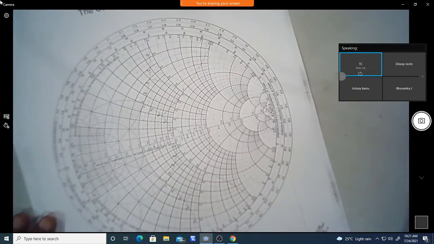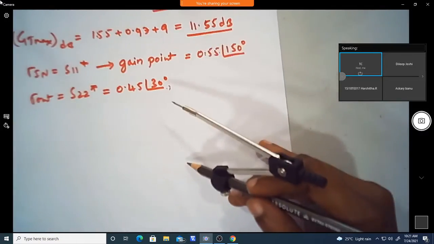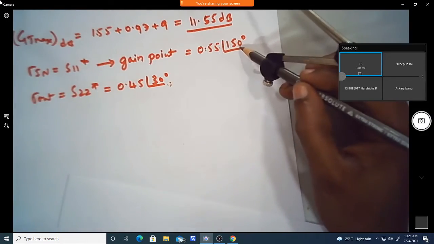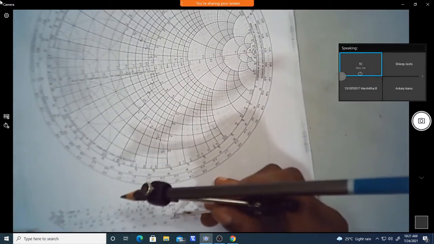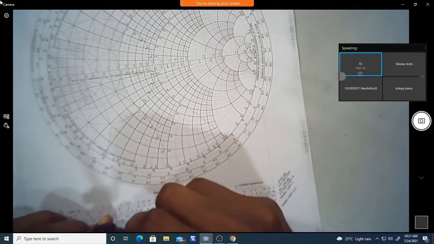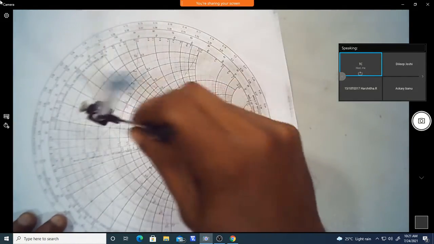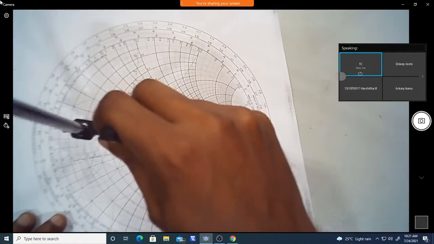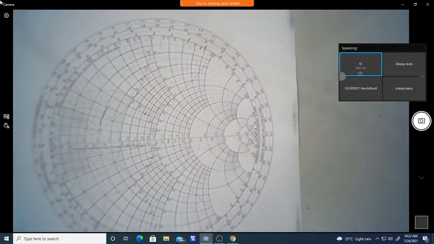For the first one at the input side, we have 0.55 at an angle of 150 degrees, so we need to mark that here. You take a 0.55 radius and then cut one line which should reach the point where the 150 degree line is.